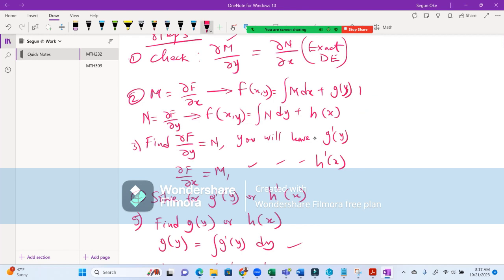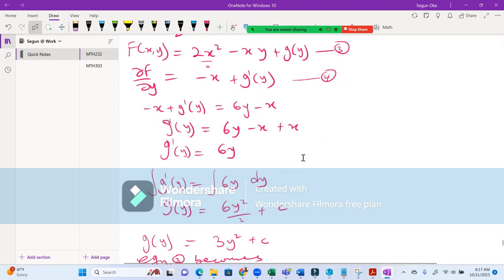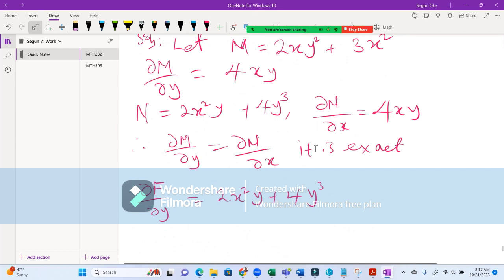If you pick m, we integrate this; if you pick n, you do this. So either of the two. Now we already used m in the first phase, so let's use the second equation in this one and see what we have.